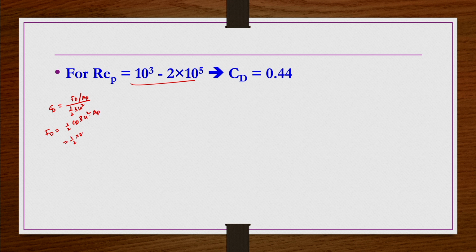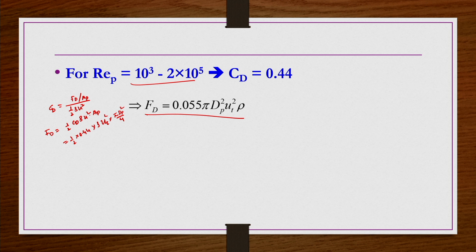Of 0.44 you can take CD, rho ut square, and AP you can take as pi d square by 4. And then you simplify it, then you will get 0.055 pi dp square ut square rho. This is what you get, the drag force.